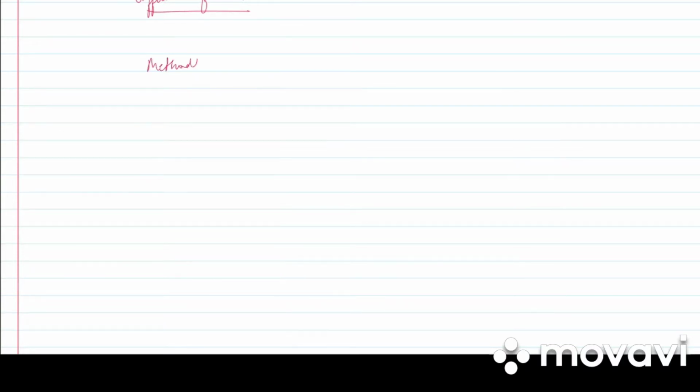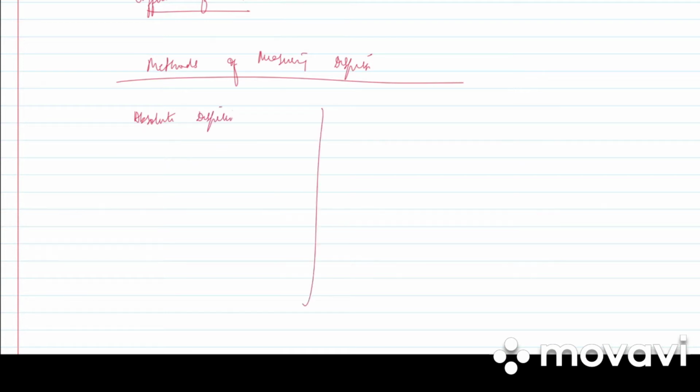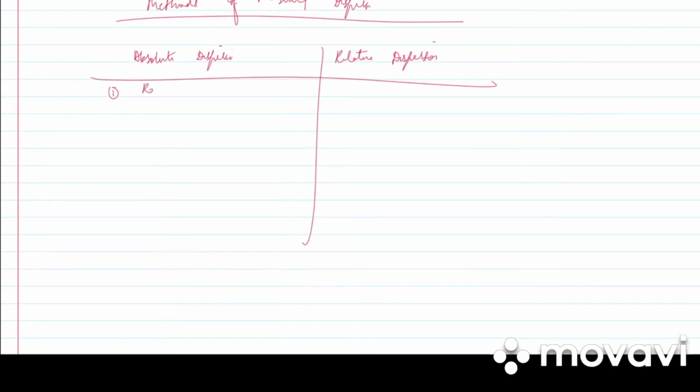Next, we have methods of measuring dispersion. Under that, we have absolute dispersion and relative dispersion. So under absolute dispersion, we have range, quartile deviation, interquartile range. Then we have mean deviation.